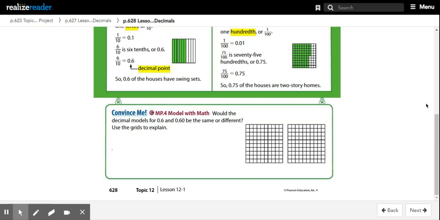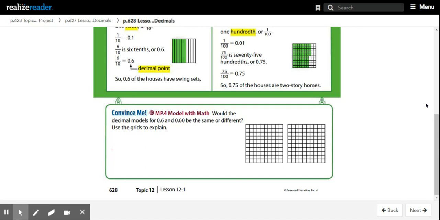So, when we're thinking about decimals, when you just have 0.6, that's saying it's split into tenths, okay? If you have 0.60, that's saying it's split into hundredths, okay?